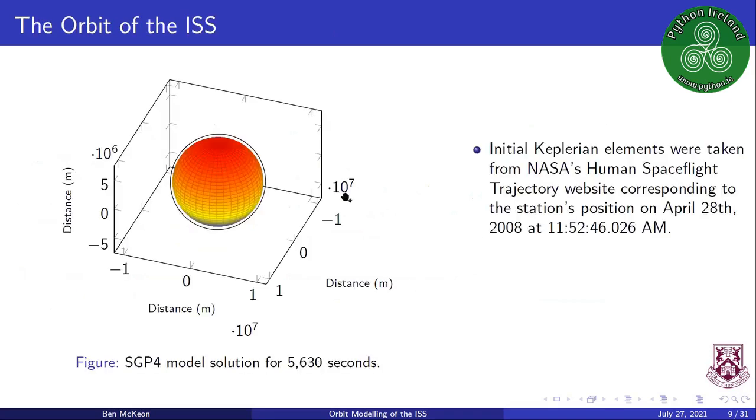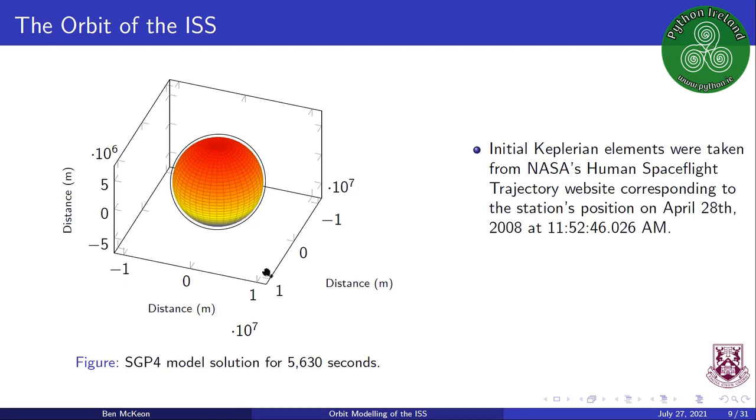So basically, this is the orbit of the ISS using what's known as an SGP4 model, which is the gold standard in orbital mechanics. I think it was developed by NASA in the 1950s and 1960s, and it's been iterated and improved upon since then. There was a Python package for it called SGP4, and I used that to generate this plot.